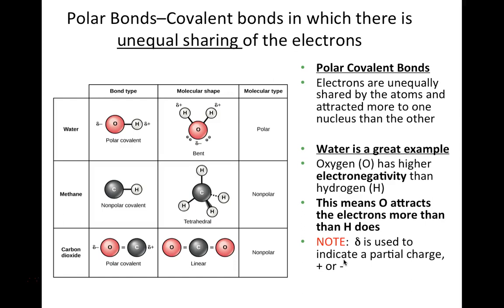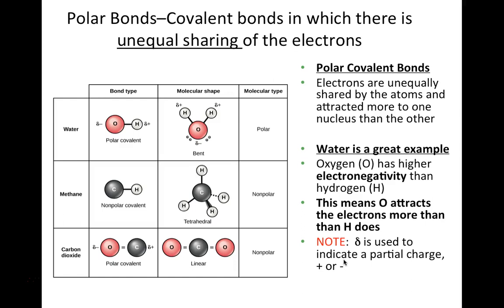Since the electrons are spending more time around the oxygen, we see that there's a Greek symbol, a lowercase delta, and a minus sign. There's a slightly elevated or increased negative charge because the electrons shared by the hydrogen atoms spend more time surrounding the oxygen atom.